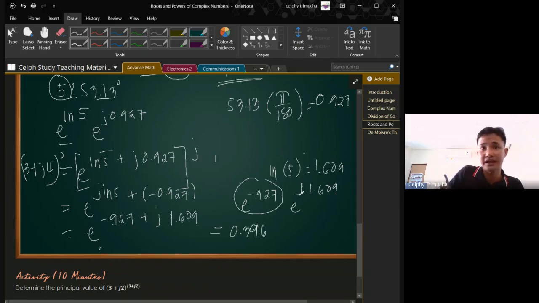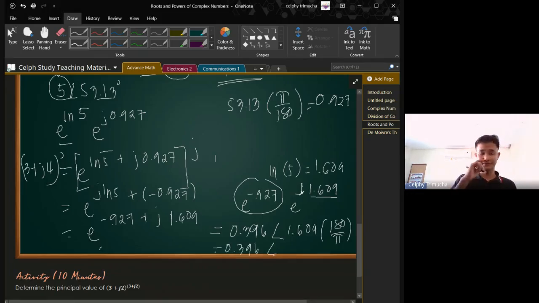Then our angle: we can leave out the e raised to j, since for the angle we just have 1.609. So 1.609 times 180 all over pi. Copy 0.396 angle.